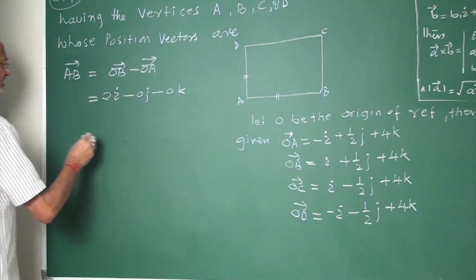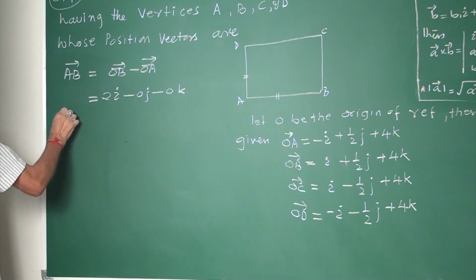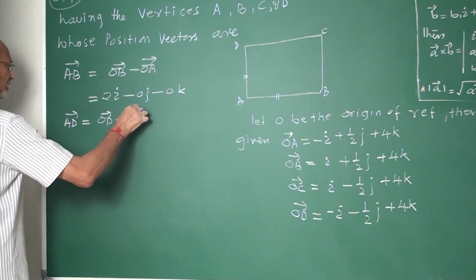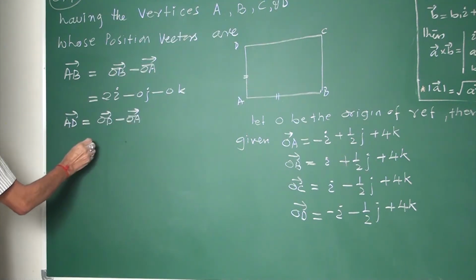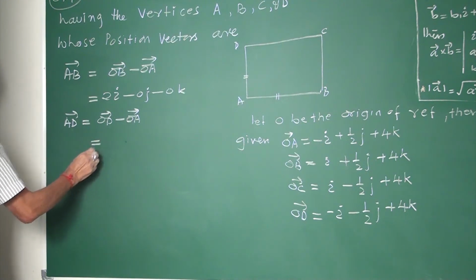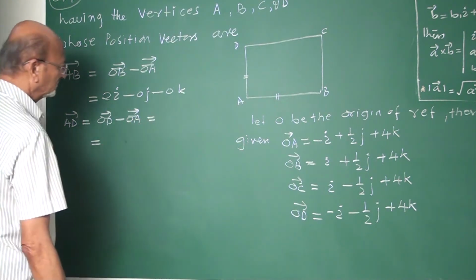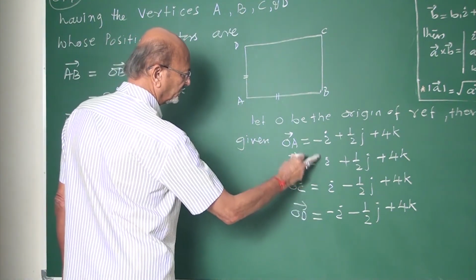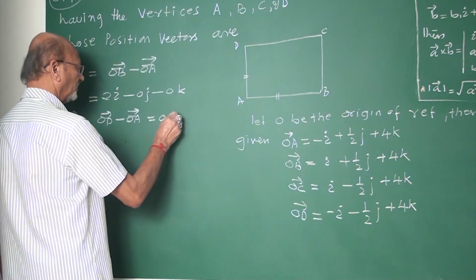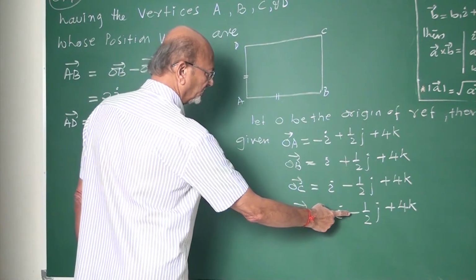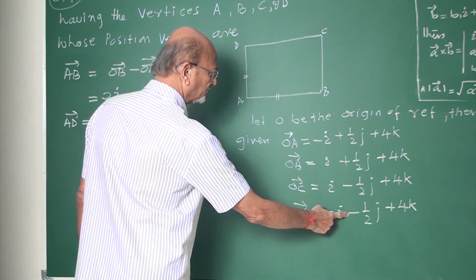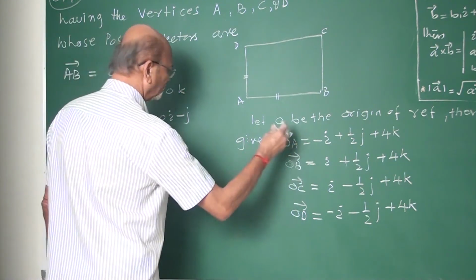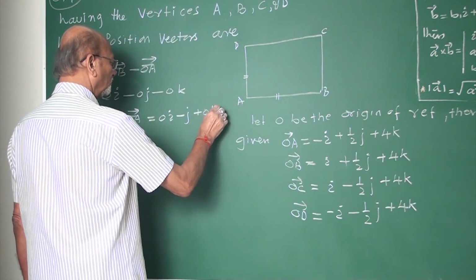The adjacent side is AD. Vector AD is OD minus OA, second point minus first point, equal to minus i plus i, 0i, minus half j minus half j, minus j, plus 4k minus 4k is 0k.